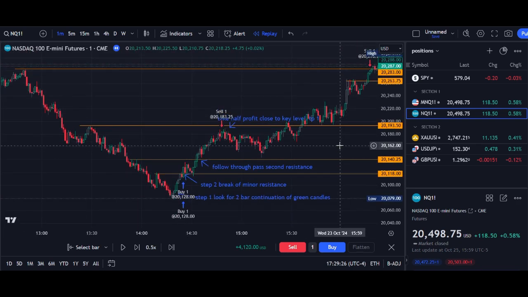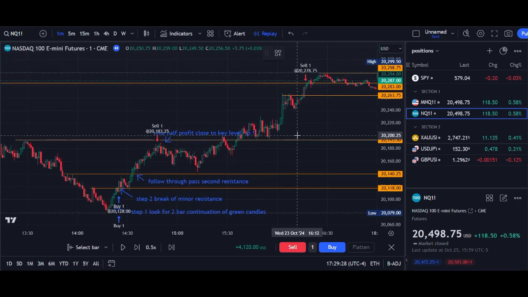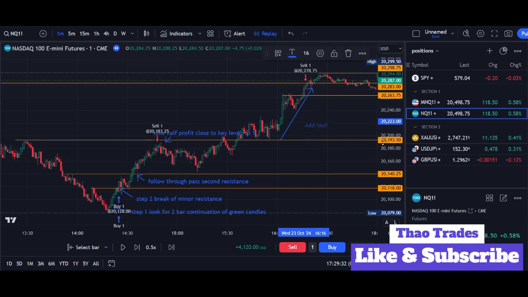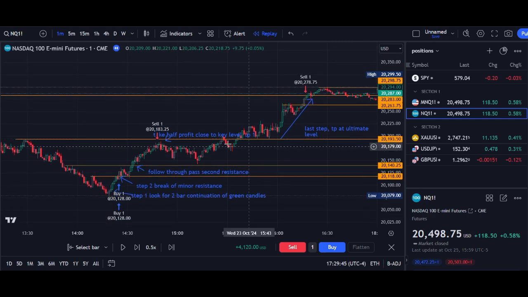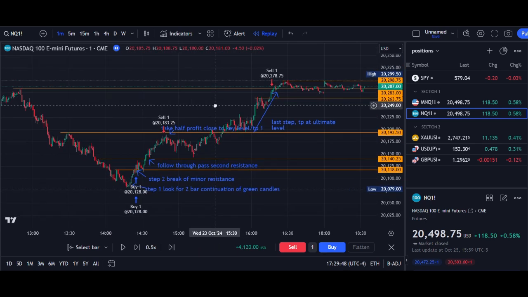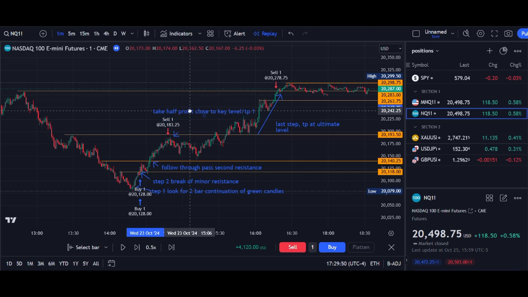And then you have your ultimate runner all the way up there. Okay. The last step, TP at ultimate level. And this is your V-shape reversal. Okay.